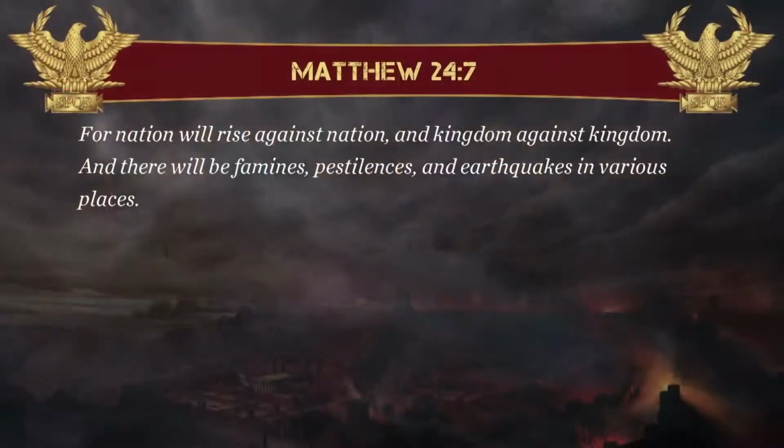Let me give you some examples of the importance of taking all three Gospels together. Matthew chapter 24 and verse 7 reads like this, "For nation will rise against nation, and kingdom against kingdom. And there will be famines, pestilences, and earthquakes in various places." So this verse says that there are going to be earthquakes. Now, Luke 21 verse 11 has an additional detail.